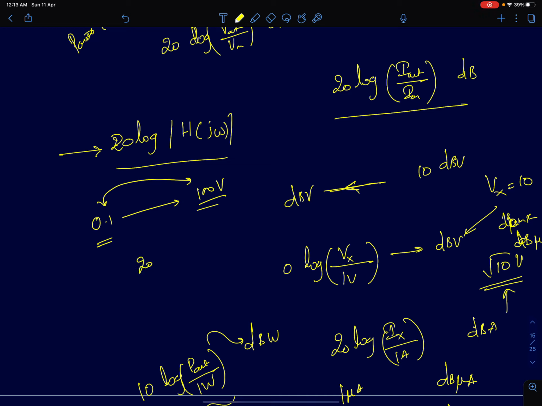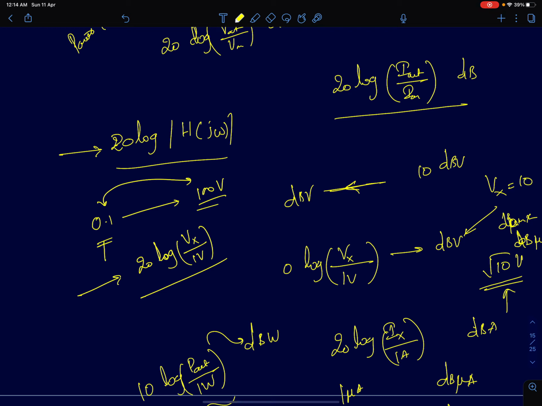So what we'll do is we'll take 20 log, let the voltage of interest be Vx divided by 1 volt. I'm going to compare all these voltages to 1 volt and express them in decibels. So whenever there is a large variation, engineers prefer to use logarithmic functions, which in this case happens to be decibel units. So 20 log of Vx by 1 volt.